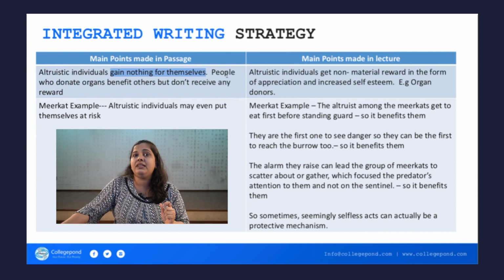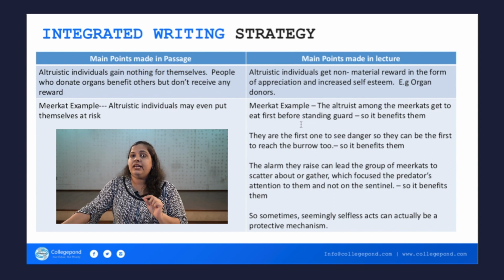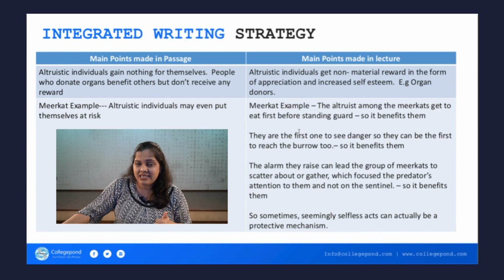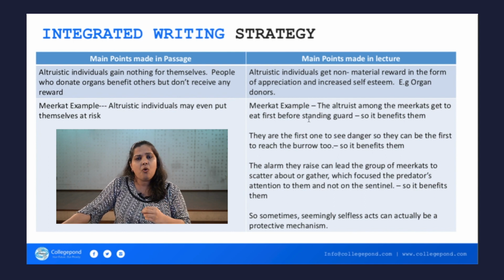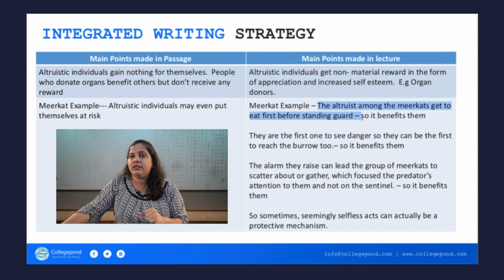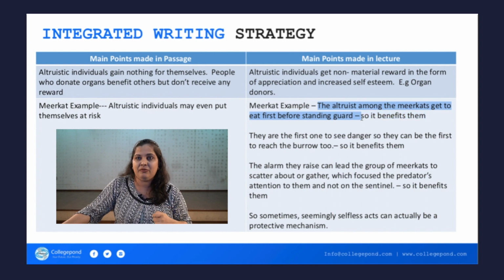You have to specifically say these things out loud, right? The next thing is what we know as the meerkat example. The lecturer also gives a lot of time to this example and a lot of speaking space. So the altruists among the meerkats get to eat first before standing guard.